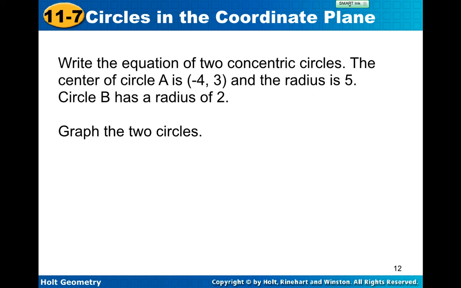Once you have the equations, then do your graphing, if you want to double check your equations before you start. So you have the center, and the radius is 5. Like you did on that one.